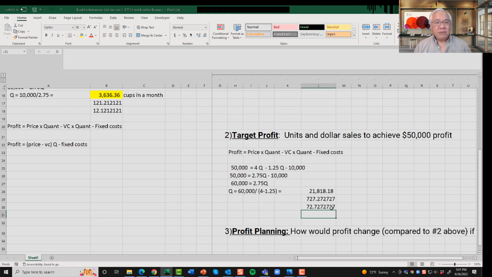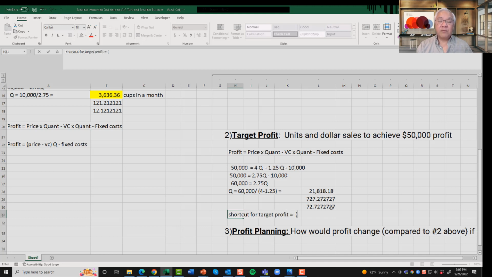Now you might say, well, is there a shortcut for this one too? Yeah, there is. So let's say the shortcut for target profit equals, and the numerator is the target profit plus the fixed costs divided by the profit contribution per unit. And we can just do this on the side, the shortcut.